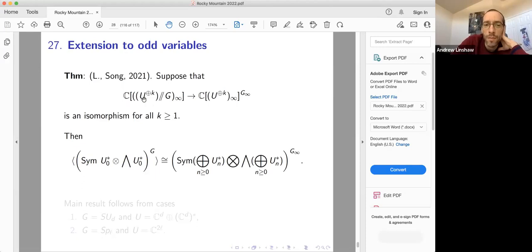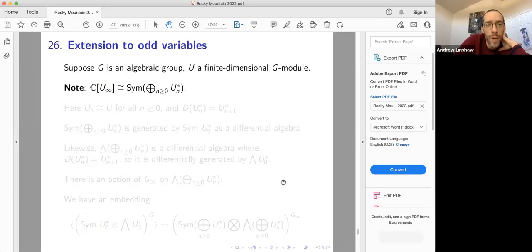So this is a hypothesis that's not often satisfied, but it's satisfied in the case where G is SL_d and U is a bunch of copies of the standard plus its dual. And also when G is symplectic and U is just a bunch of copies of the standard representation. So because it's satisfied in those settings, if you go back to the associated graded algebra of W, so I have to go way back now.